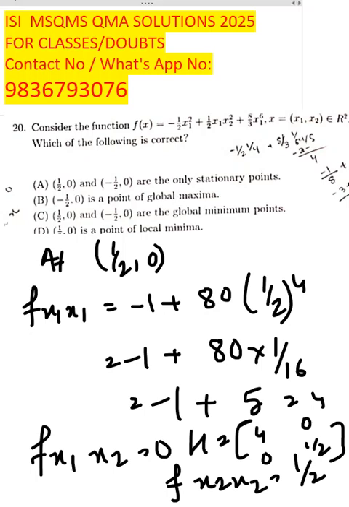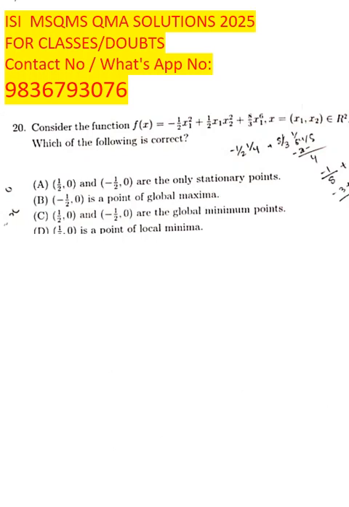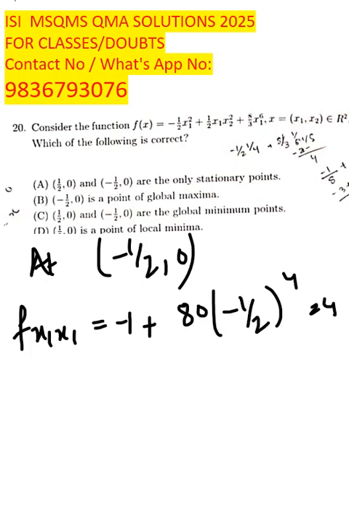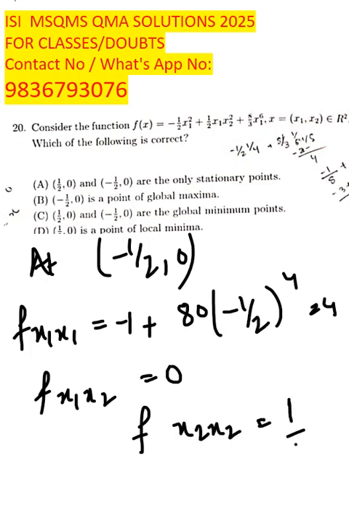Now at -1/2 comma 0, f x1 x1 is -1 + 80 (-1/2)⁴, that is 4. So f x1 x2 is 0, and f x2 x2 is -1/2. So the Hessian matrix will be [4 0; 0 -1/2].